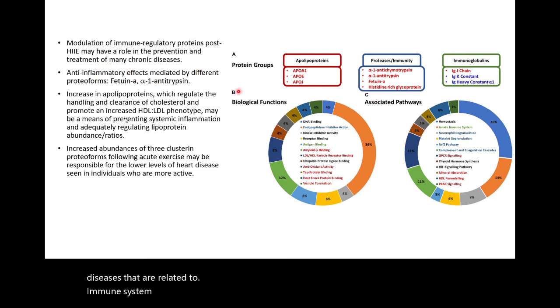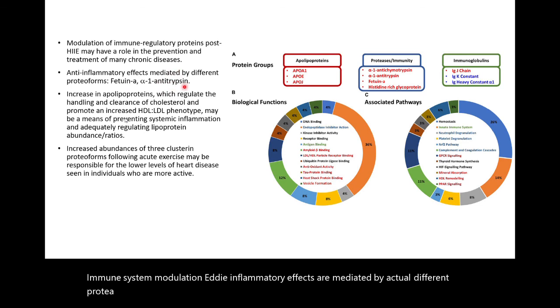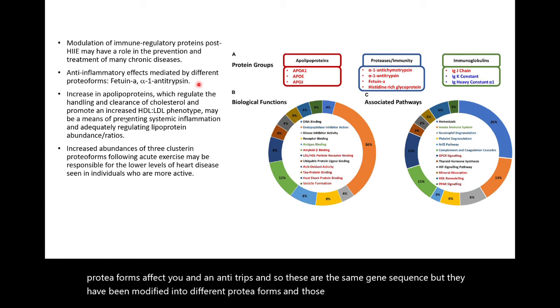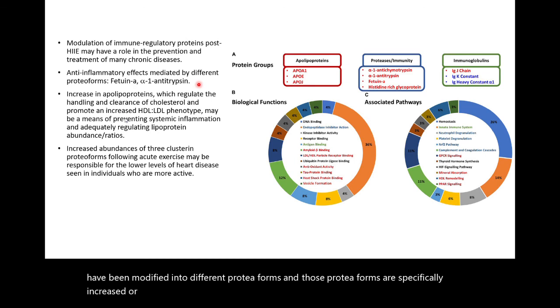Anti-inflammatory effects are mediated by actual different proteoforms of fetuin and antitrypsin. So these are the same gene sequence, but they have been modified into different proteoforms, and those proteoforms are specifically increased or decreased when high intensity exercise occurs.